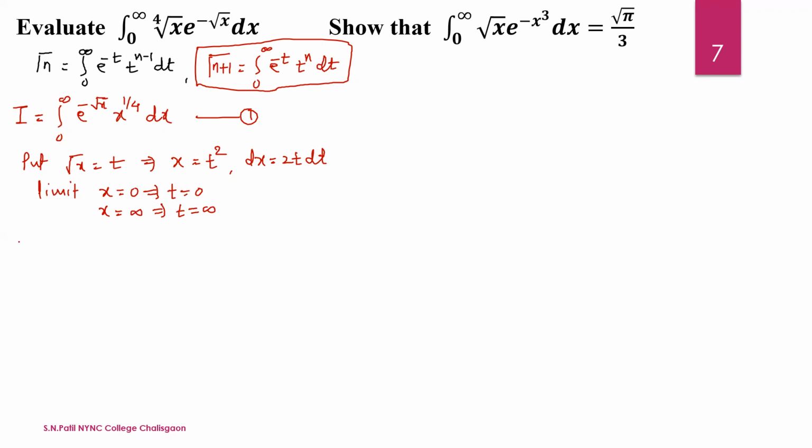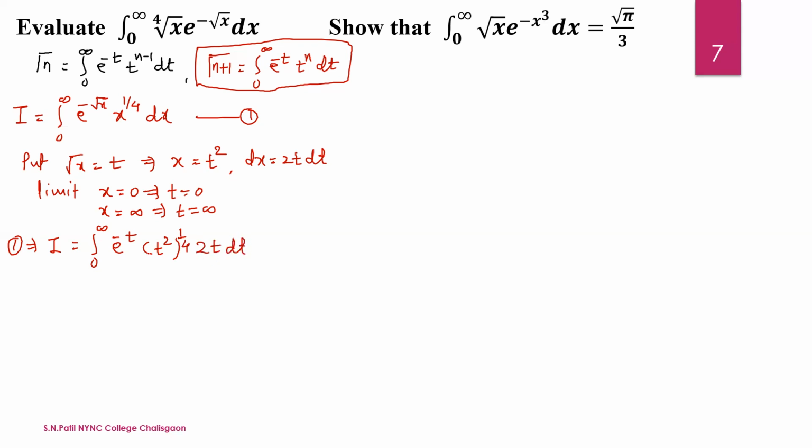So equation 1 can be written as I is equal to the integral from 0 to infinity, with the limits for the new variable t, of e to the power minus t. Now the value of x is t square, raised to 1 by 4, and the value of dx is 2t dt.